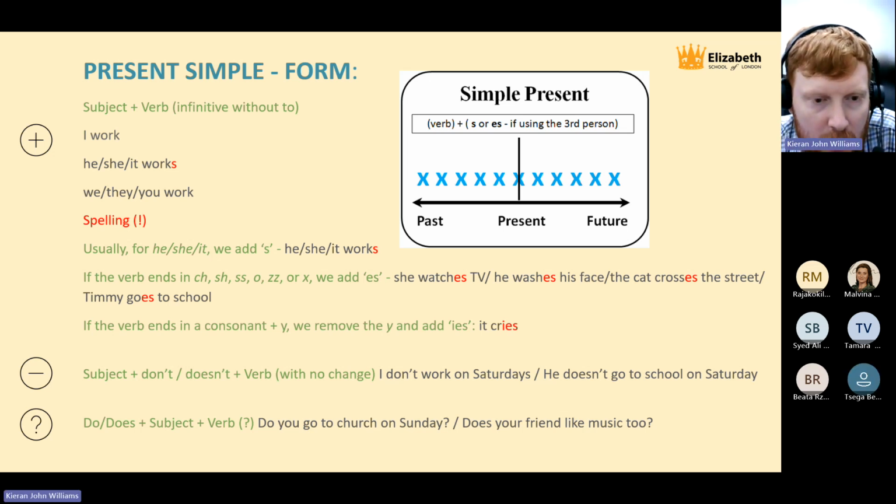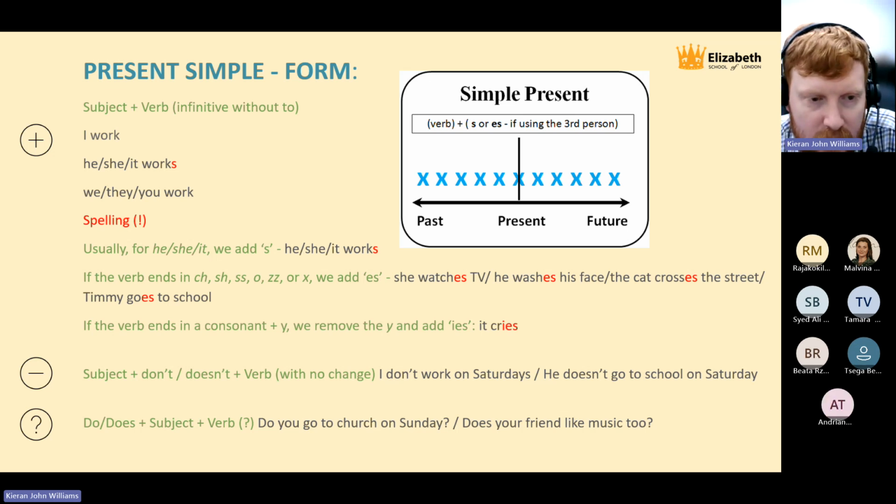Okay, so it would be watch, watches. Okay, if we look at the next example, we've got wash, so that ends in SH, so we would add ES at the end. The cat crosses, our verb is cross, so that ends in SS, so we need to add ES. And then we have go, so go ends in an O, so we need to add ES.